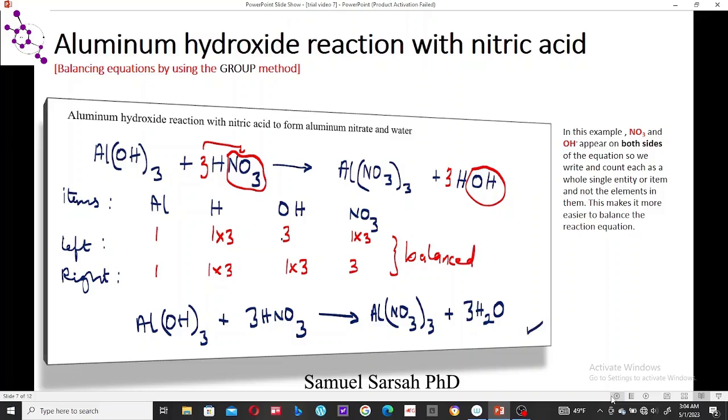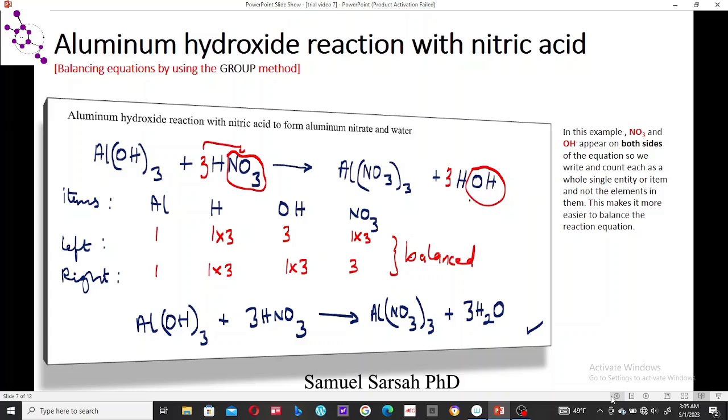Now you see how powerful the group method is. If I had written H2O here, it would have been more work to do. So the best thing is, if you see something like the OH here, you can split water or write it as HOH.